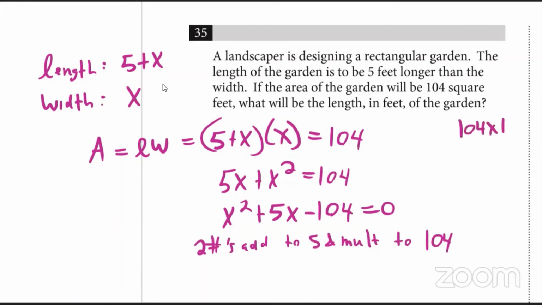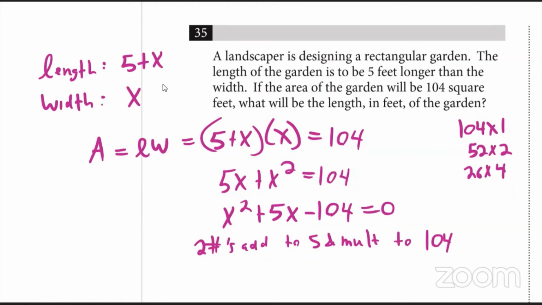104 times 1, 52 times 2. Let's see if it divides by 3 or by 4. It divides by 4. I know it doesn't divide by 5 because it doesn't end in 0 or 5. Does it divide by 6? By 7?